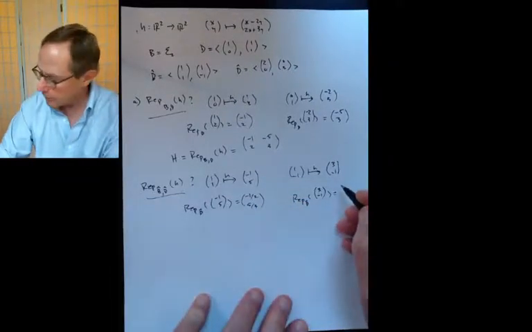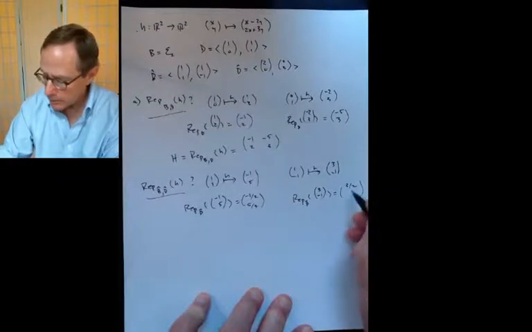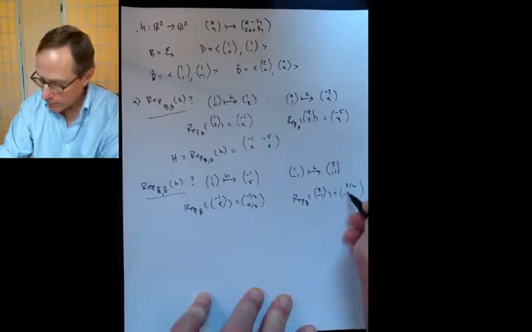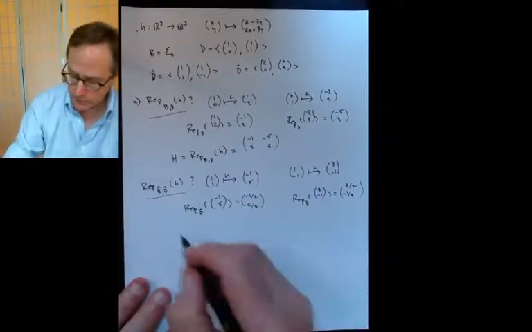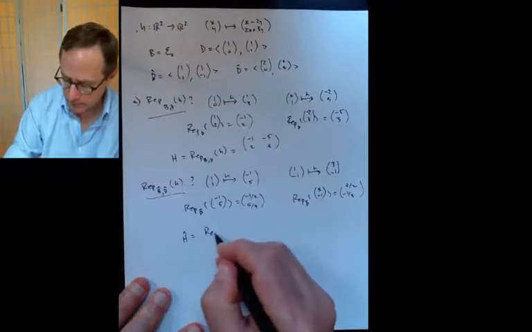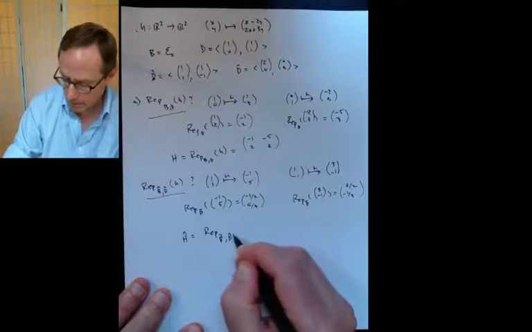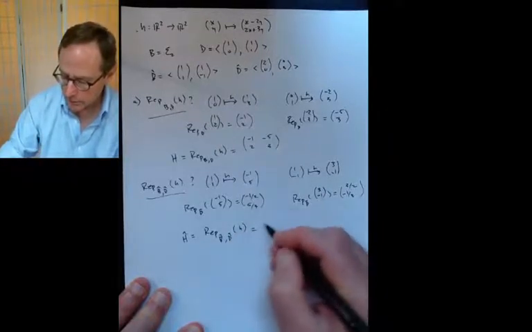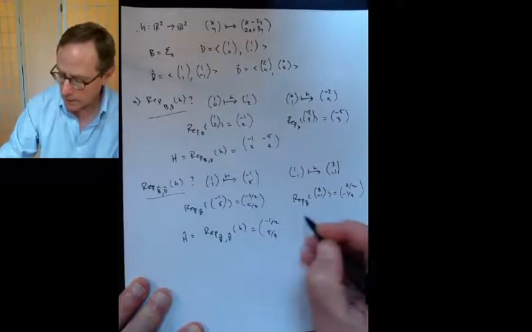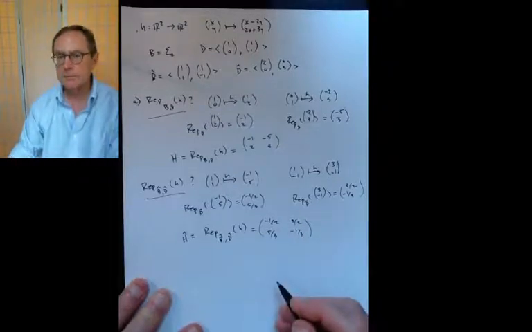And in order to get a 3 on top, I need 3/2. And in order to get a minus 1 on the bottom, I need minus 1/3. So that H hat, which is the representation with respect to B hat, D hat of lowercase h, is stuff these things into columns: minus 1/2, 5/3, and 3/2, minus 1/3.